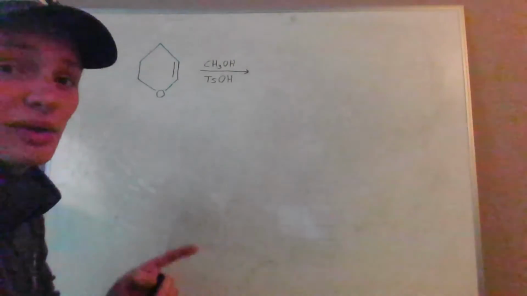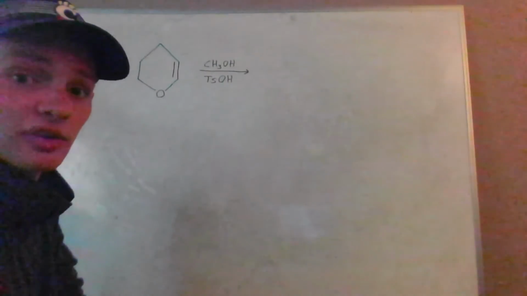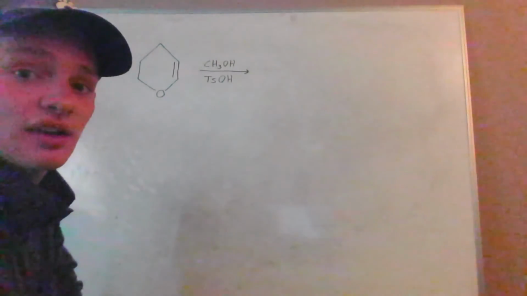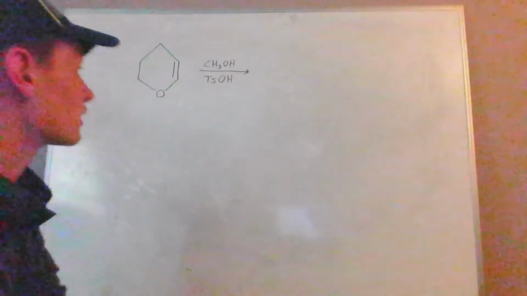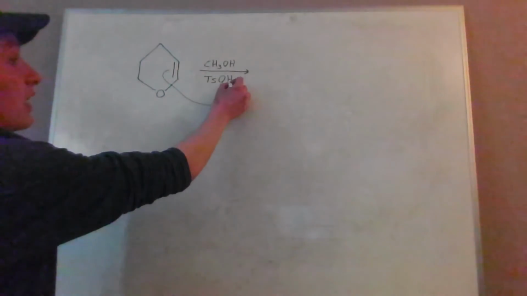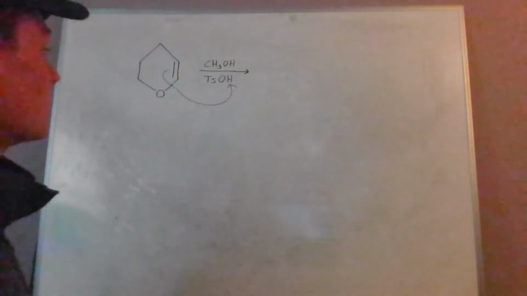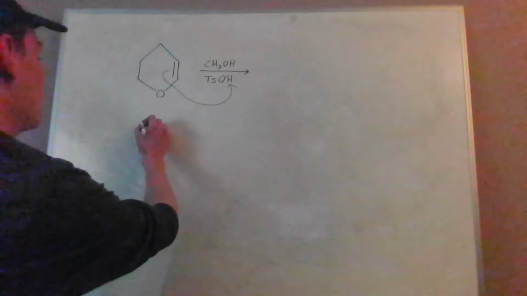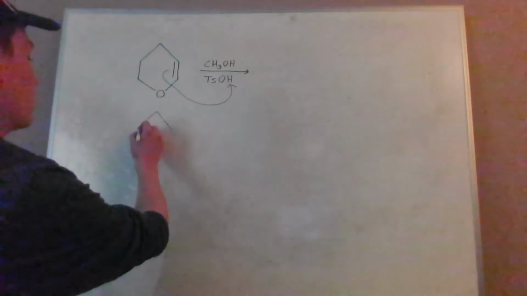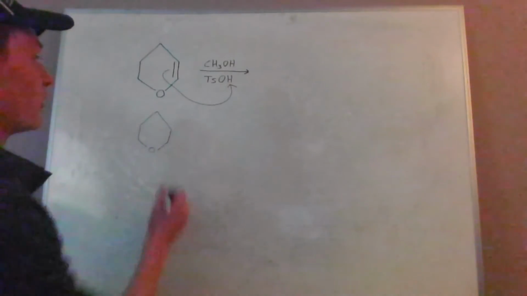But I know it'll certainly pull off a proton from the toluene sulfonic acid because I just said that it's very, very acidic. So we can start there and just see where that takes us, right? Okay. So once we grab that proton, we would get something like this, right? Hopefully I keep remembering that that oxygen is there.